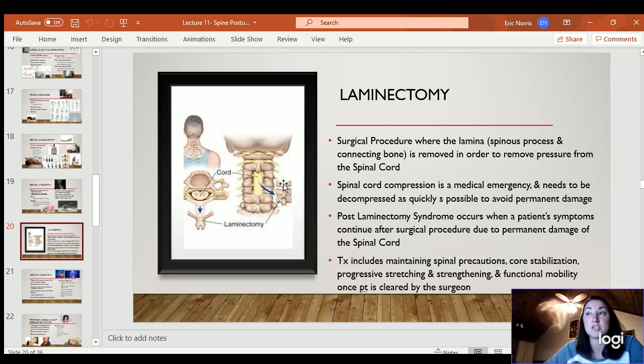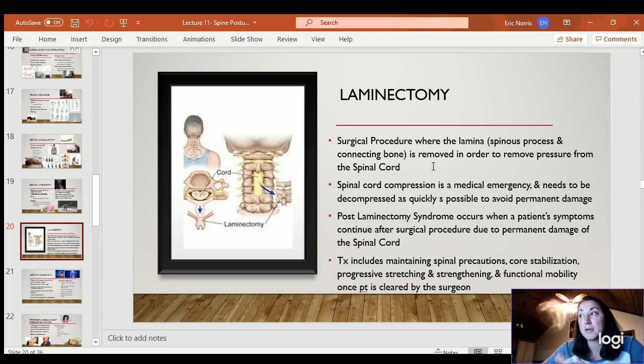Now this one shows that they did it on 3 levels, and that's pretty significant. They may only do it at 1 or 2, but it is a very intense surgery, and it is going to happen when it's an intense situation. So if they're about to become paralyzed, then you definitely would want to go in and decompress.